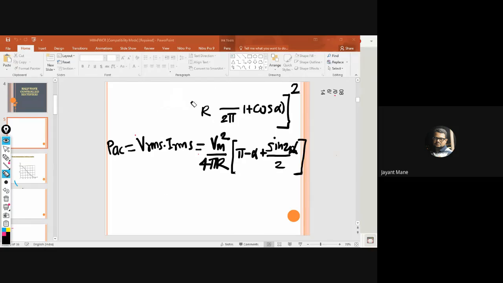So we have calculated the AC power. Okay, now we are going to calculate the power factor.